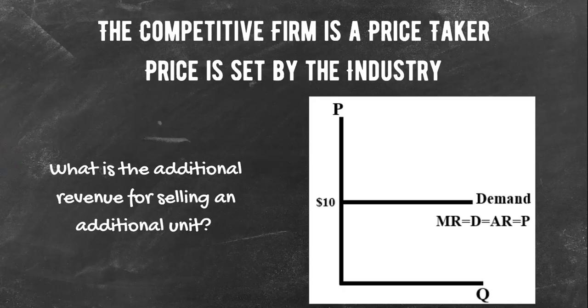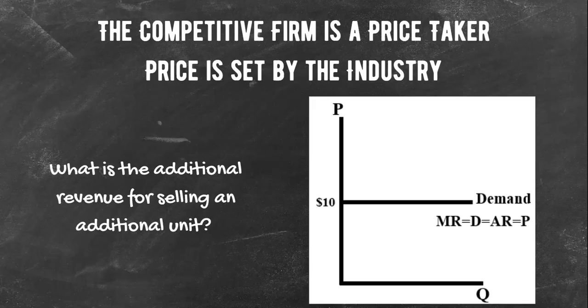When a perfectly competitive firm sells one more unit, the extra revenue it earns, called marginal revenue, stays the same. For example, the first unit might earn $10 and the second unit also earns $10. So the marginal revenue is constant at $10, and that's why we see this horizontal demand curve.